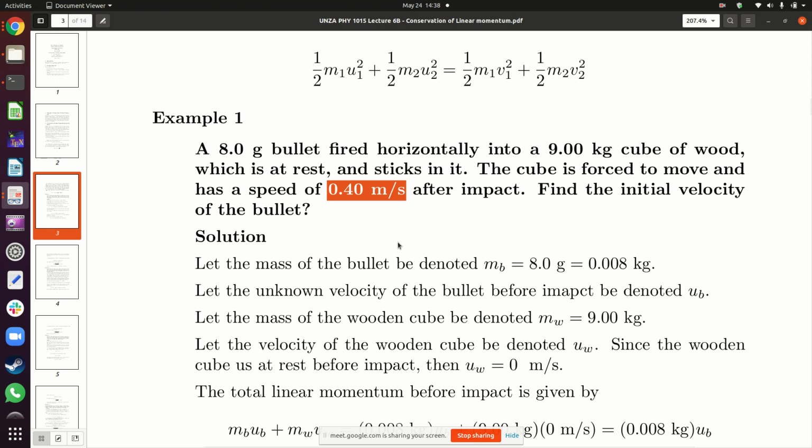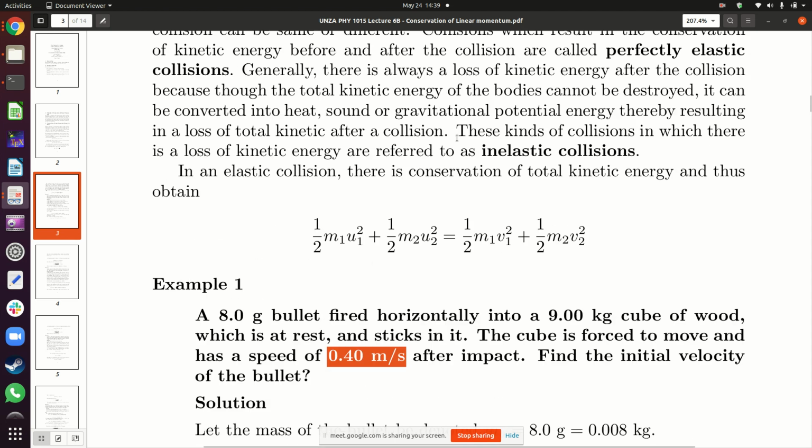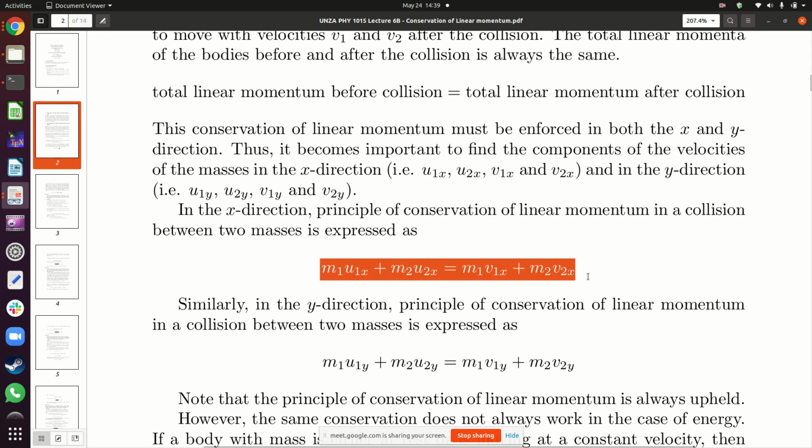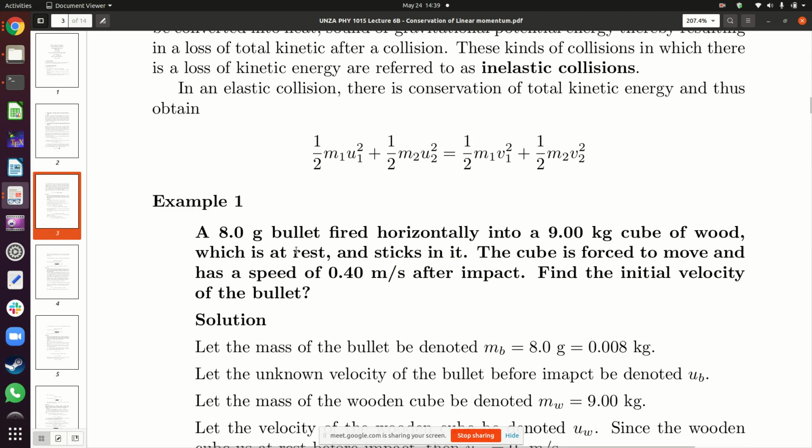So we know the velocity of the wood after impact, because the bullet gets stuck in it. With this, we can apply the principle of conservation of linear momentum. Since the whole thing is happening in a straight line, we can use one of those equations, along the x direction.